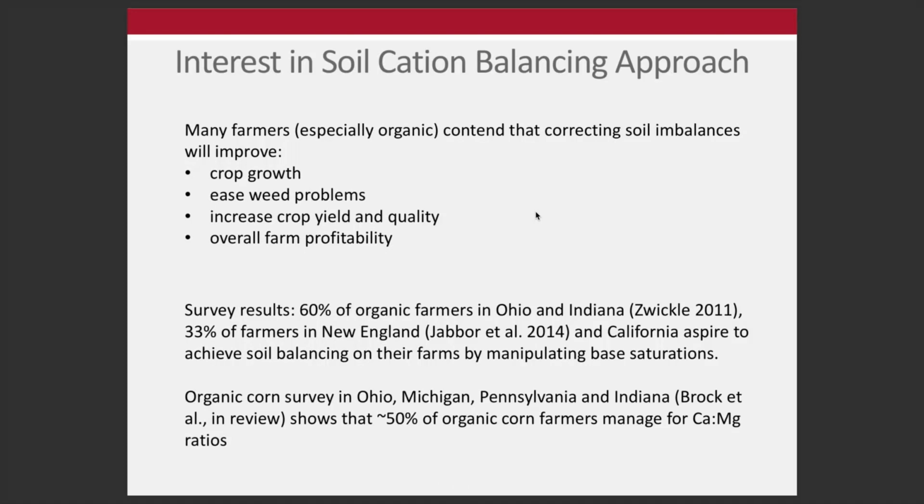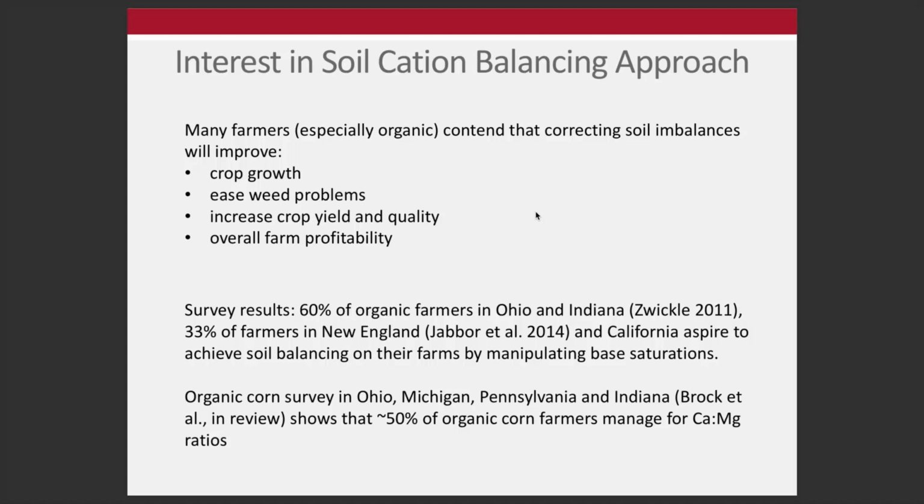Many farmers, especially organic farmers, contend that correcting soil imbalances will improve crop growth, weed problems, increase crop yield and quality, and overall profitability. The organic farming community especially thinks about soil cation balancing, or BCSR, as an important part of managing soils.